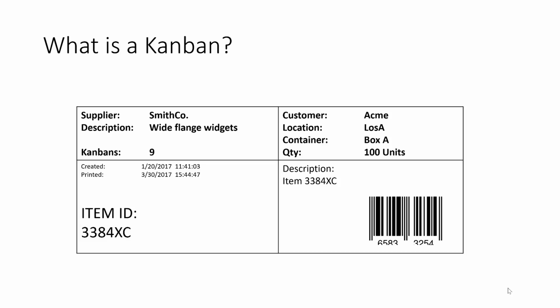Another way you can look at it, and where it came from, is that the folks at Toyota came over to the United States and were looking at grocery stores, and grocery stores had, at the back of the prong, things on it. Say you had bags of candy, right?